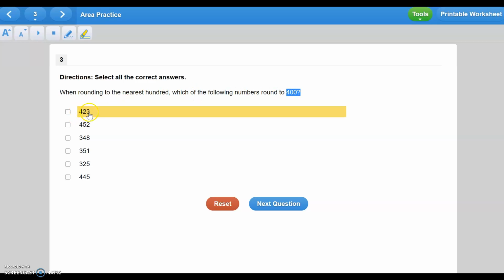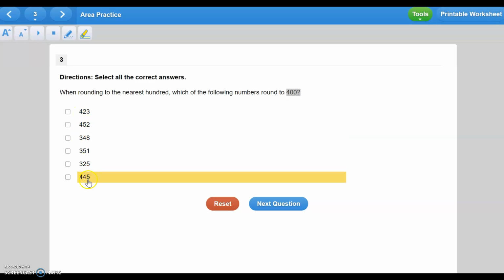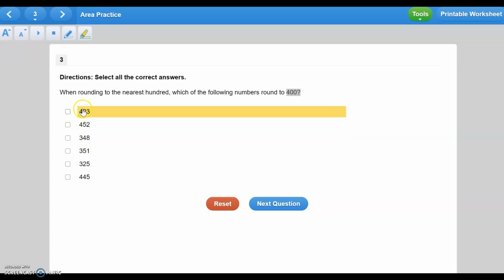So we're going to have to find the place for each one. Now I can make this pretty easy if I want to, and first look at everything that starts with 400 and I'll look at my hundreds place. If its neighbor is less than 4, then it will stay, 4 or less, then it will stay 400.